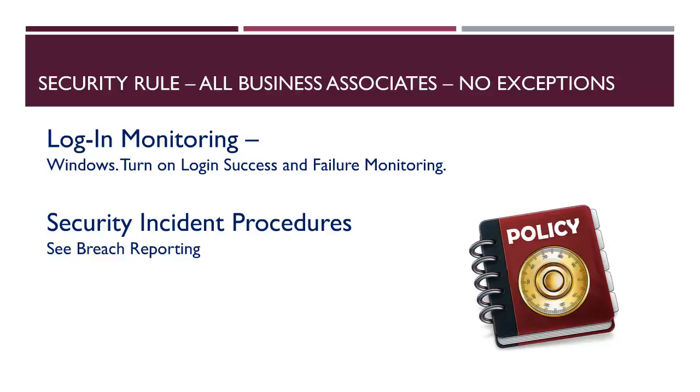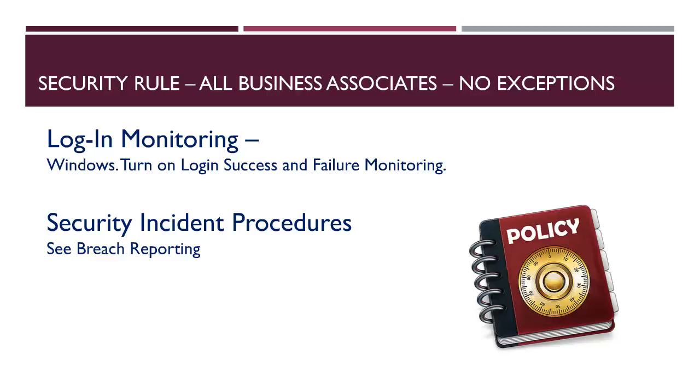In Windows, make sure to turn on login success and failure monitoring. A great program to determine whether or not this feature is turned on is Microsoft Baseline Security Analyzer. Run it on each workstation to ensure that Windows and Office patches are in place and that this login monitoring is turned on. The default is not to have it turned on.